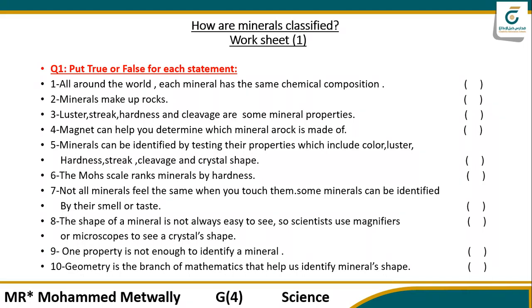In this point, you have to know that sciences are related to each other. So science can use mathematics also to help them identify mineral shape by the science of geometry. So geometry is the branch of mathematics that helps us identify mineral shape, and it will also be true.